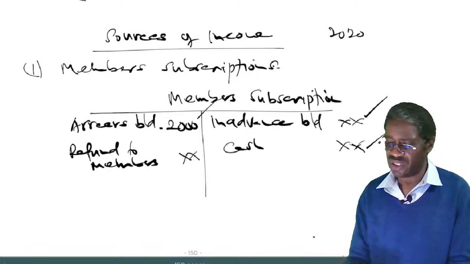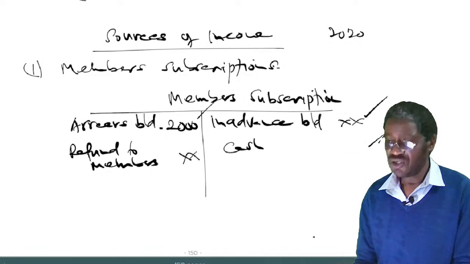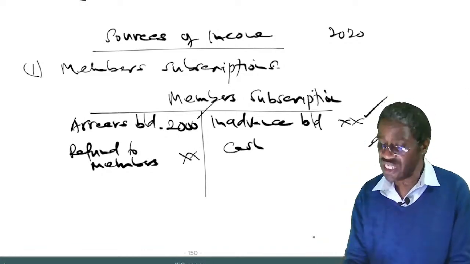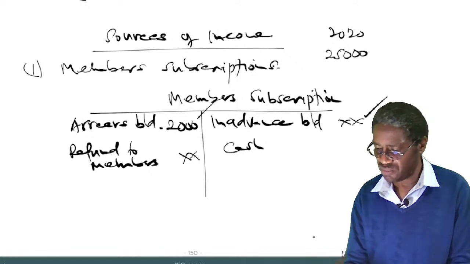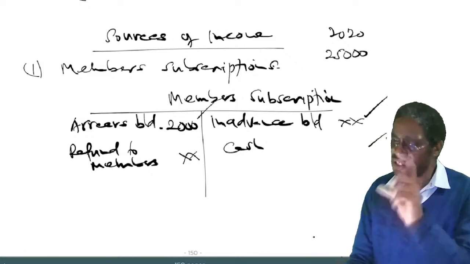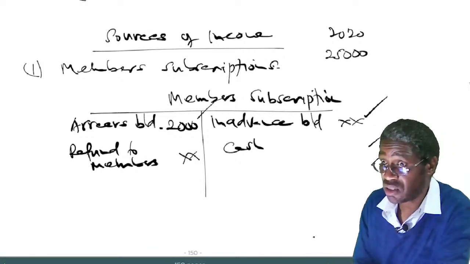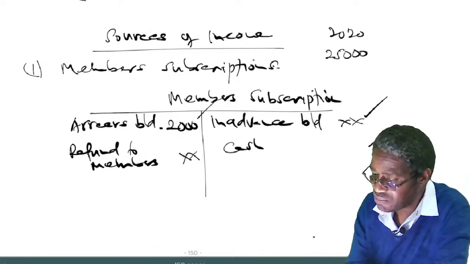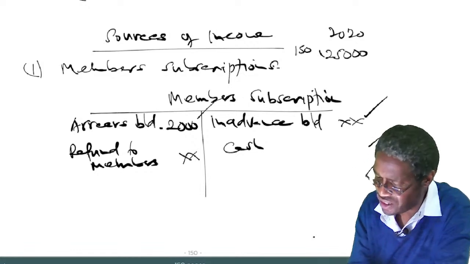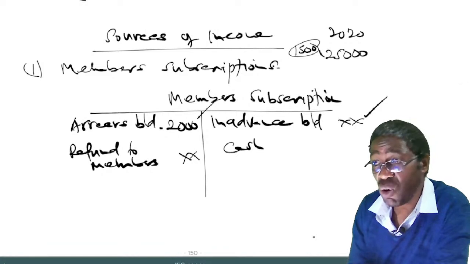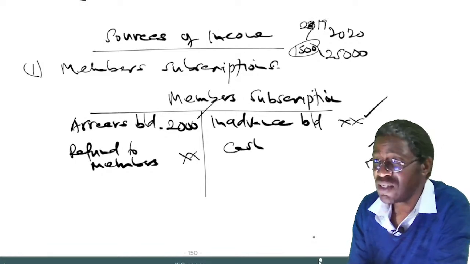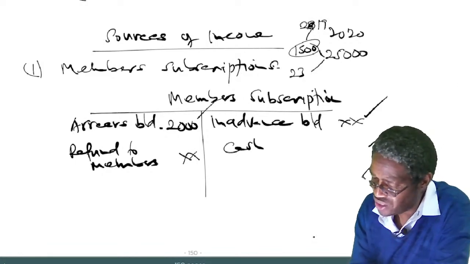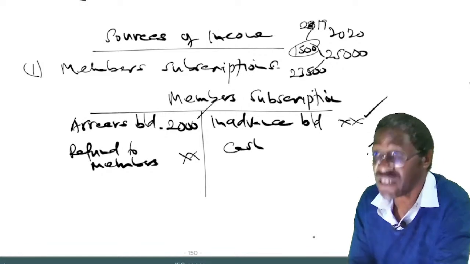During the year 2020, we received an amount of subscriptions worth 25,000. This 25,000 we received this year, part of it, let me assume some 1,500 was for 2019, which automatically means the other balance of 23,500 is for the current year.